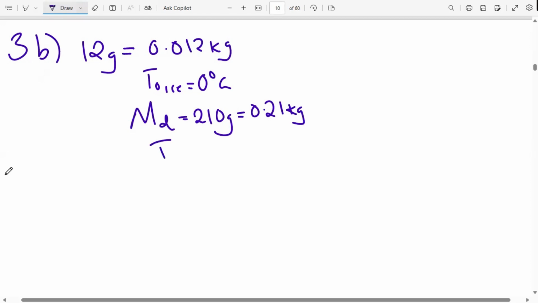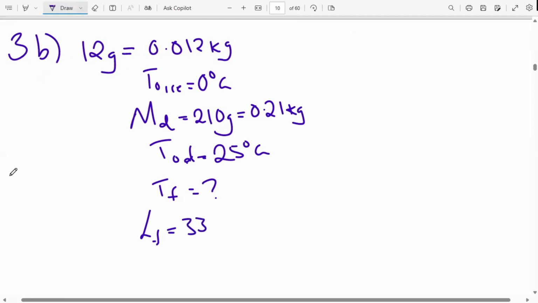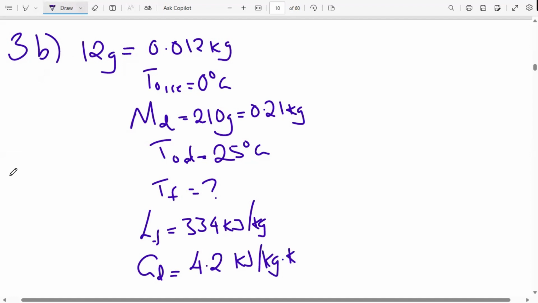And we also have the initial temperature of the drink to be 25 degrees Celsius. We are looking for the final temperature, T final, and they've also given us the specific latent heat of fusion of ice. So LF of ice is 334 kilojoules per kg. They've also given us the specific heat capacity of the drink, C of the drink, to be equal to 4.2 kilojoules per kg Kelvin.